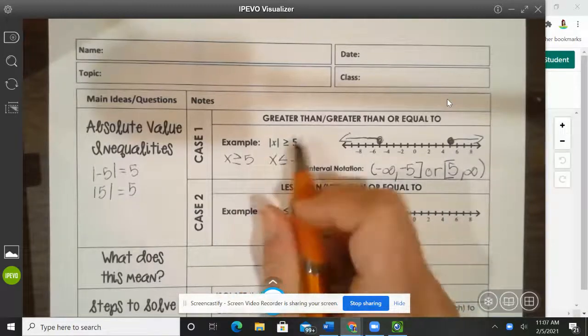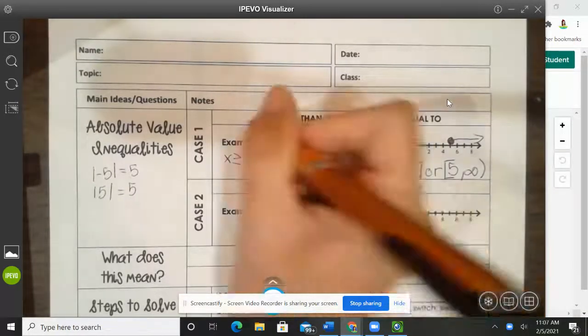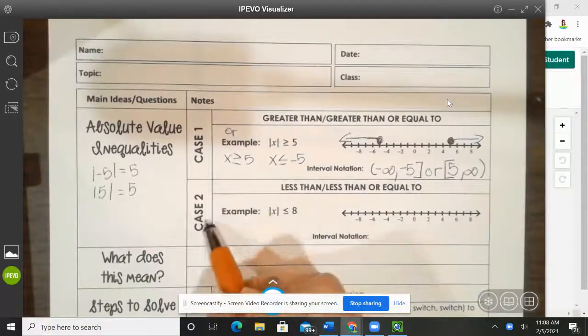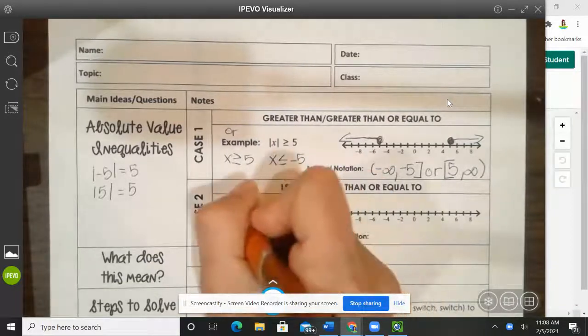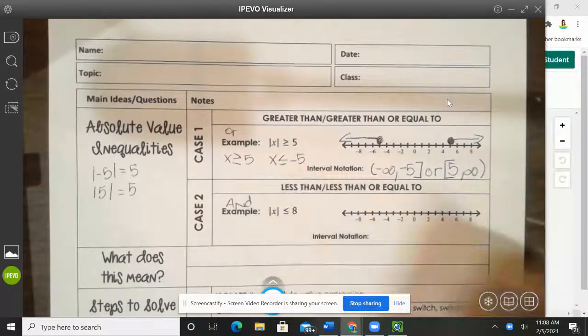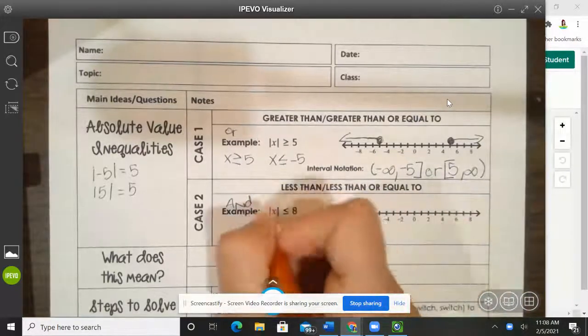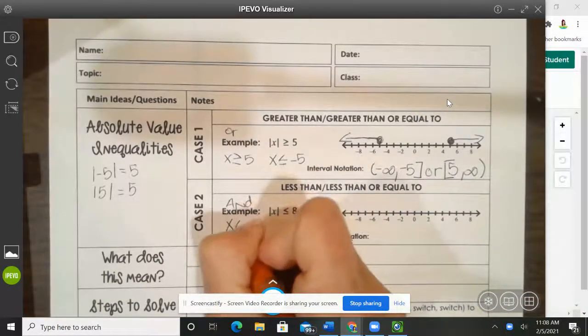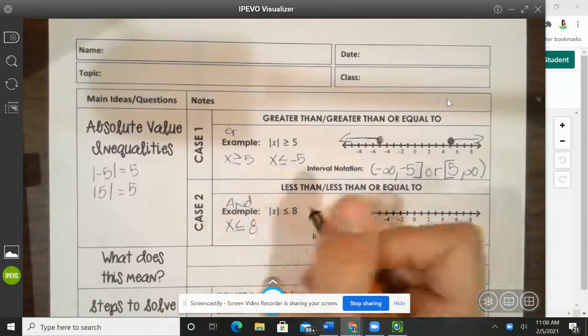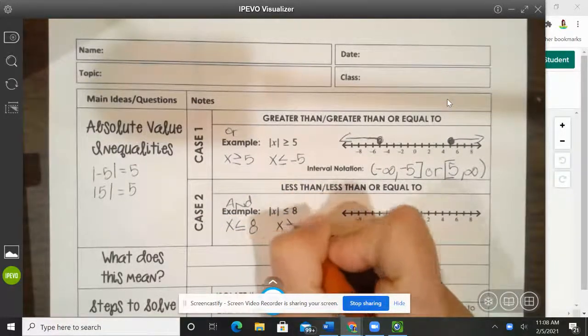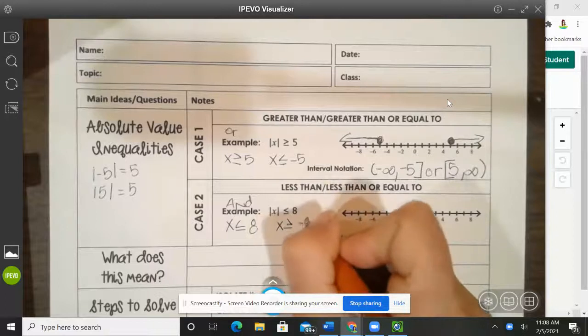So case one, greater than, looks like an "or," right? And case two, guess what? It's going to look like an "and," and it's going to go both ways also. In this case, x is less than or equal to 8, and x is greater than or equal to -8.